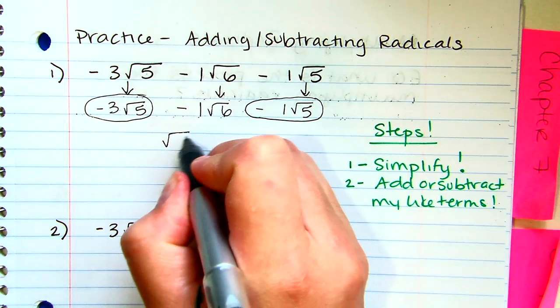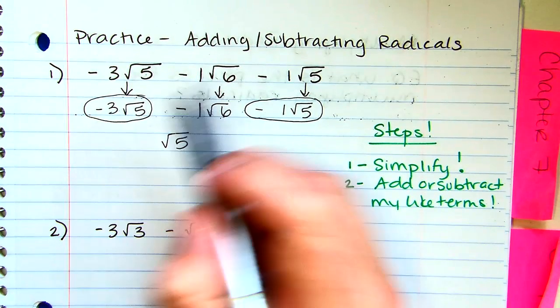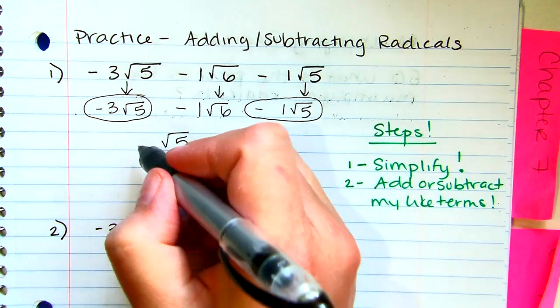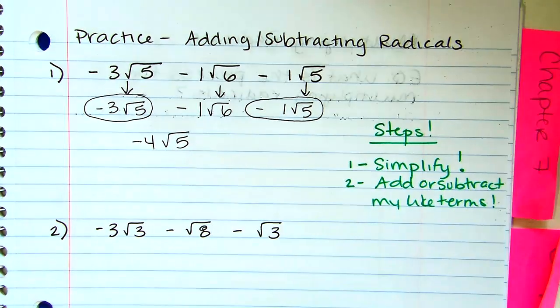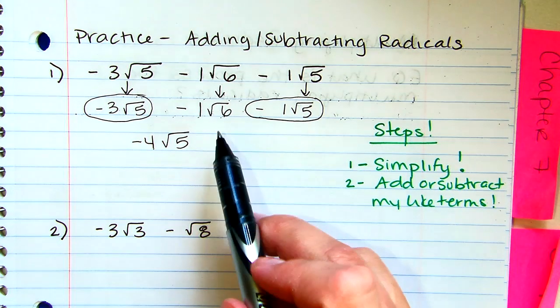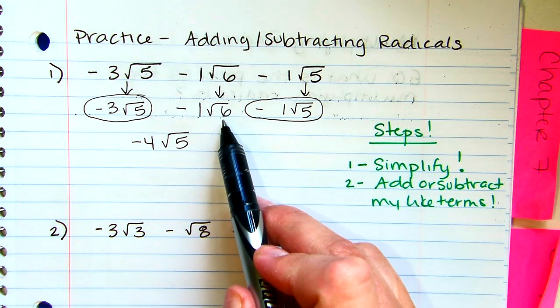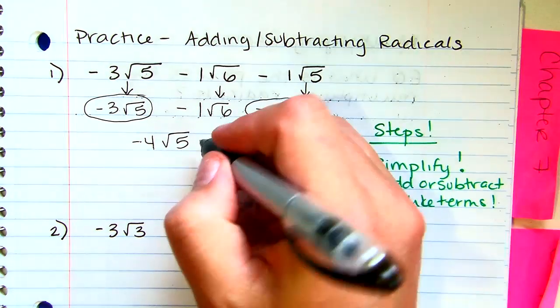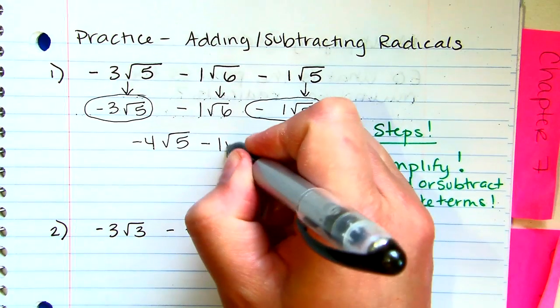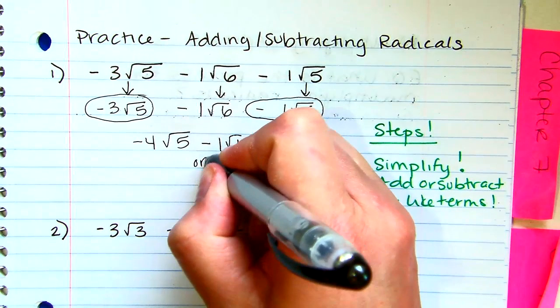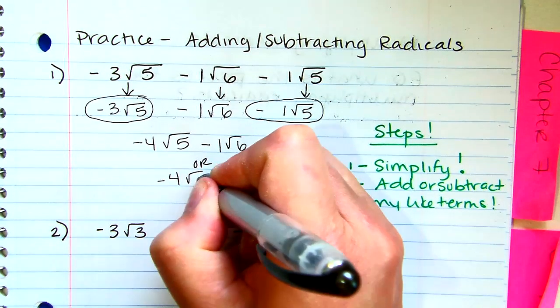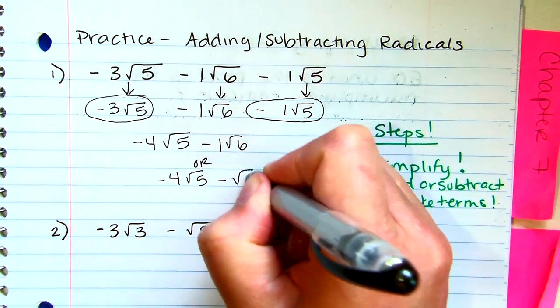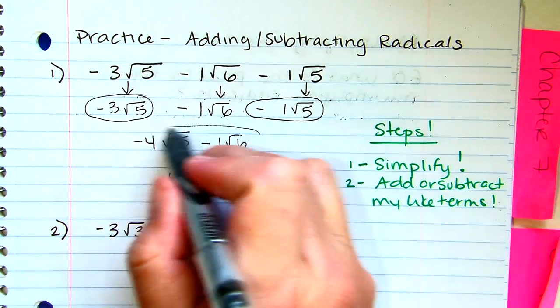And then negative 3 minus 1 is going to give me negative 4. So I have negative 4 root 5. And then because my root 6 doesn't have a partner, it's just going to stay. So I have minus 1 root 6. I will also accept negative 4 root 5 minus root 6. Either one of these answers is correct.